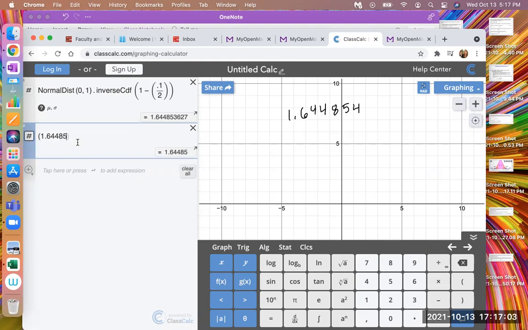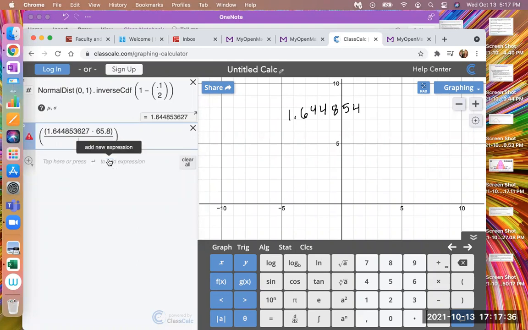Sorry about that. 53627. Okay, so I kept all those, 644853627, and then I'm going to times by this 65.8, and I'm even going to put an extra parenthesis in here, and then divide all that by the 2.5.